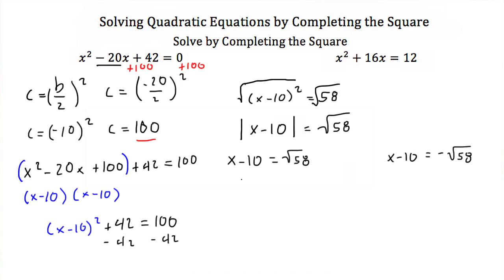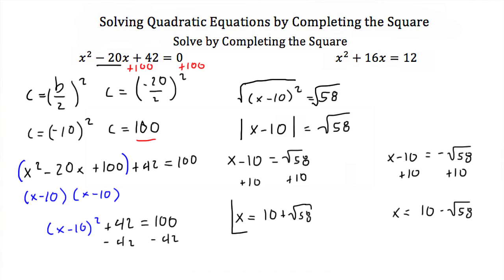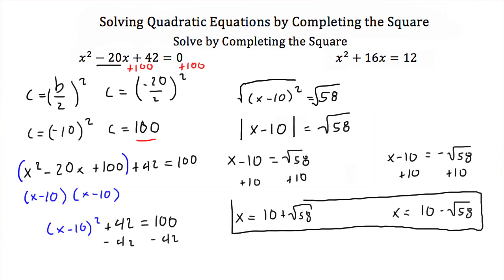My last step will be to add 10 to both sides on both equations, and we'll end up with x is equal to 10 plus the square root of 58, and x is equal to 10 minus the square root of 58. So these are my solutions for x that will satisfy this equation.